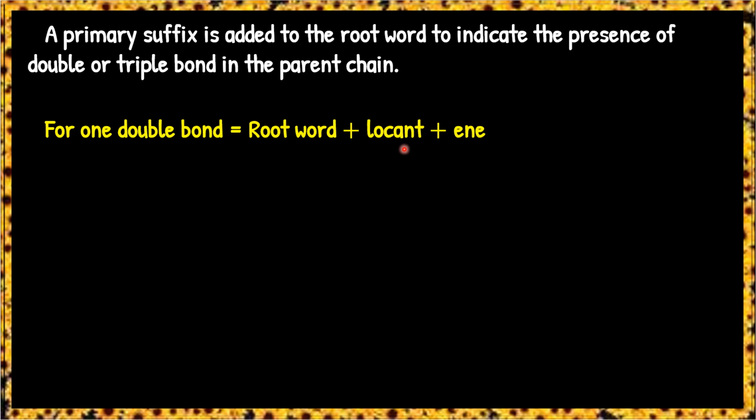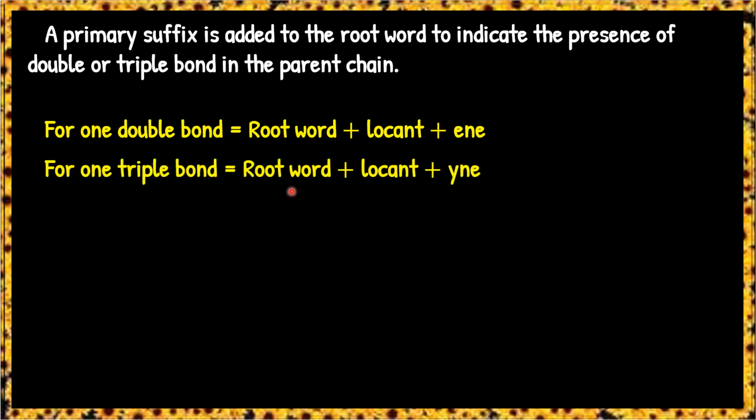Root word plus locant. Locant means the number that locates the position of the double bond. And for one triple bond, root word plus locant plus yne.